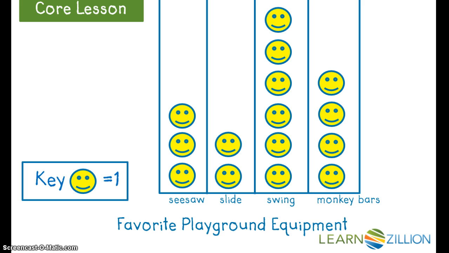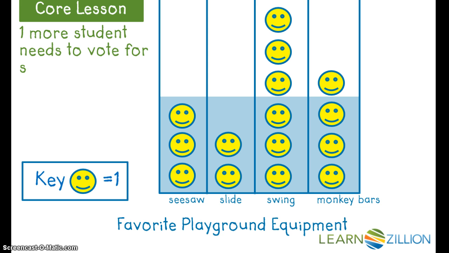Now what if I ask the question, how many more students needed to vote for the seesaw to have the same number of votes as monkey bars? So I'm looking at my picture graph and I see there are 3 votes for the seesaw and 4 for the monkey bars, so there's one more vote for the monkey bars.